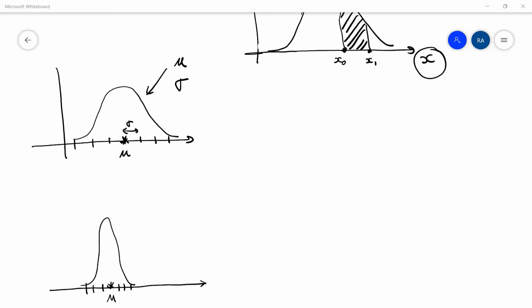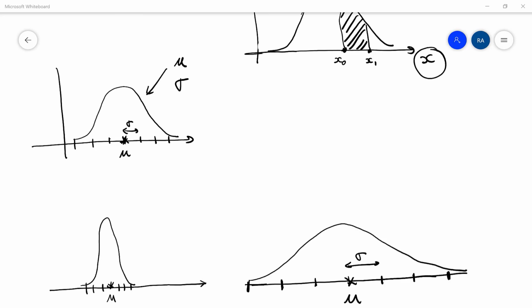Could be narrower like this or flatter like this. On the other hand, if we want to find the z-score of this measurement, we have to use this formula: x minus the mean divided by the standard deviation. Remember, the z-score is the number of standard deviations that this value is from the mean.